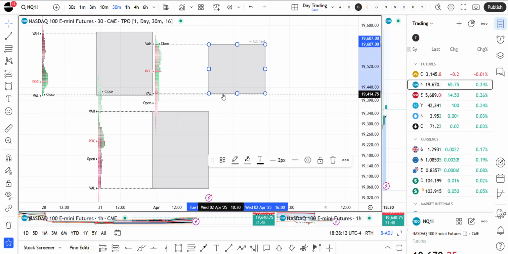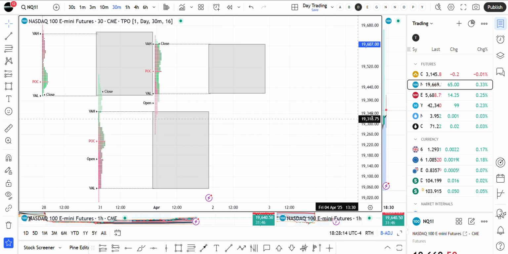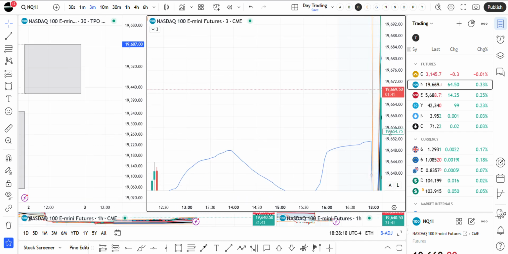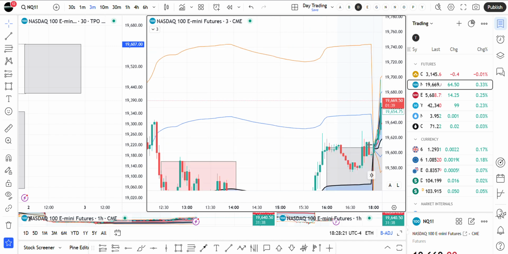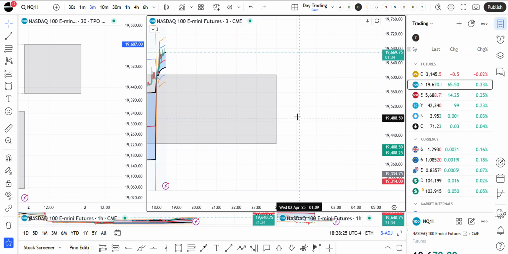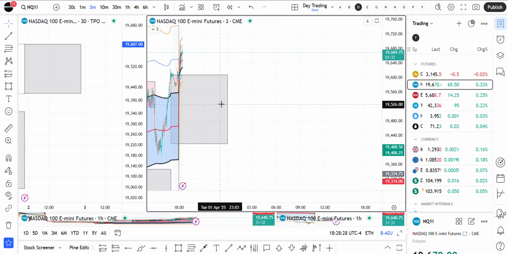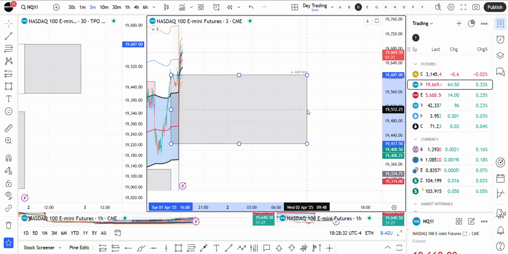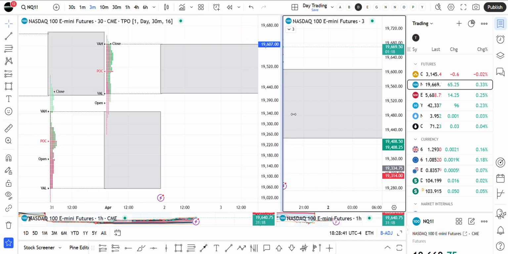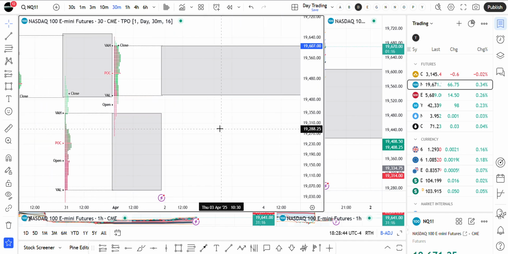So I think we sync it. Desynced. Okay. Done with that. Now what you want to do is, yeah, that's perfect. I don't know why it cuts it off here at like midnight, but you want to extend this all the way through to 4 p.m. It will do something weird with your TPO chart, but that's fine. We'll just adjust this at the end of the day.